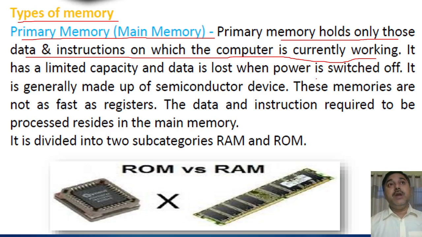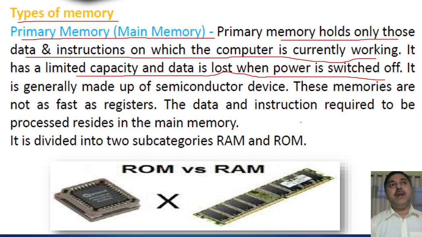The data will have a different capacity, and based on this capacity we keep the data. So it has a limited capacity, and data is lost when the power is off.